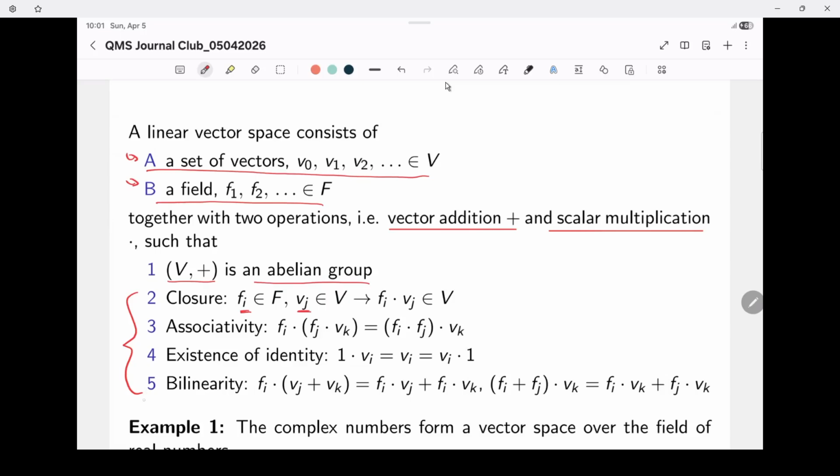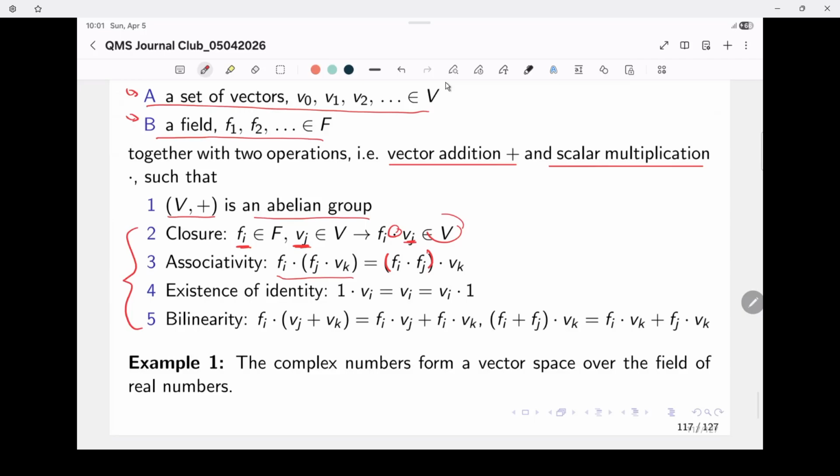So number 2 to number 5 tell you how your field elements interact with your vector elements. When your field scalar multiplies with your vectors, the result has to be inside your vector space again. It has to be associative, meaning that when you have this kind of multiplication, you can just multiply your scalars together. You have one identity, the scalar multiplication identity. So where is this one coming from?